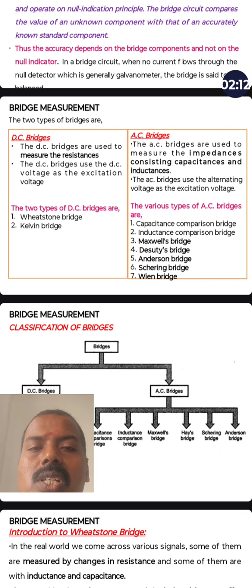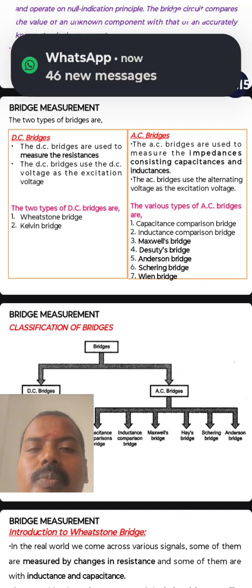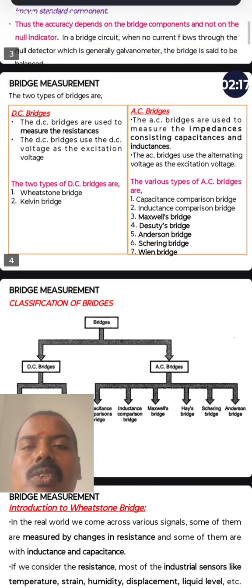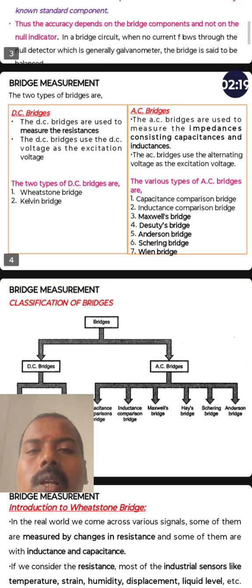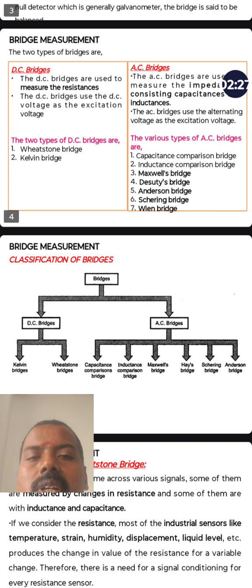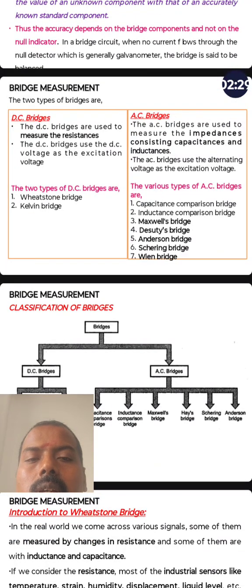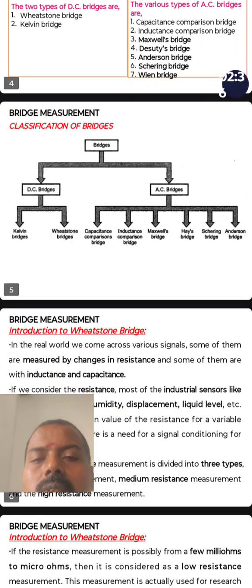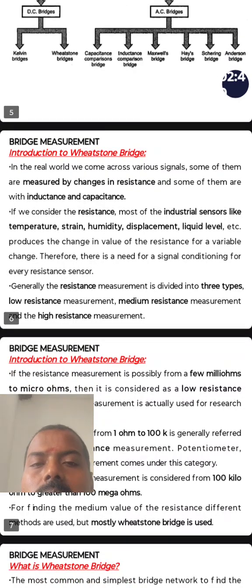AC bridges are used for measuring impedance consisting of capacitance and inductance, and use alternating voltage as the excitation voltage. The various types of AC bridges are the capacitance and inductance bridges: Maxwell, De Sauty, Anderson, Schering and Wien bridges. So this is the basic classification of the bridges.